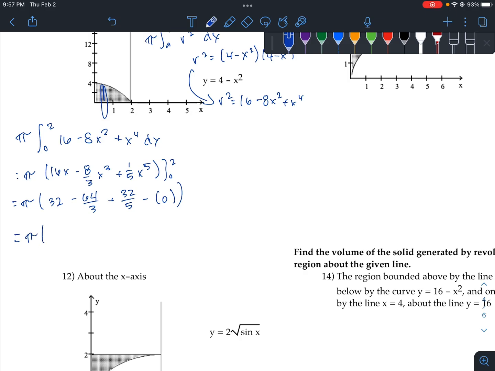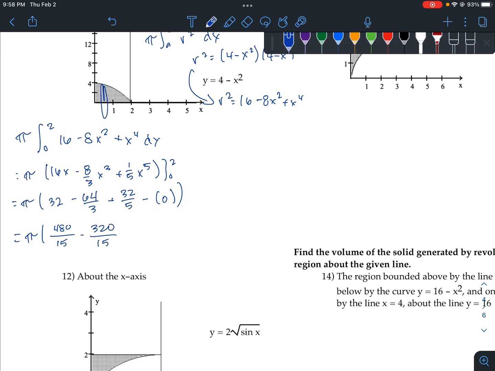I need a common denominator, so I'm going to multiply that by 15 and 15. So that's going to give me 480 over 15. And then I need to multiply this by 5, so 64 times 5, that's going to be 320 over 15.